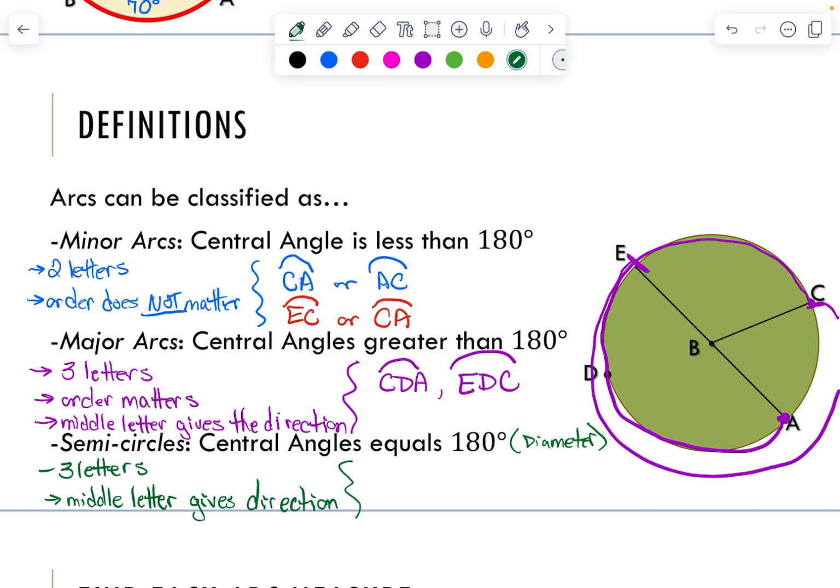So here, there are actually two semicircles. We have EDA and we have ECA. Okay, so those would be the two semicircles that we're talking about here.